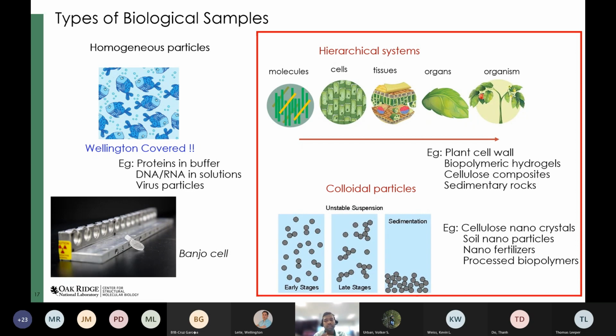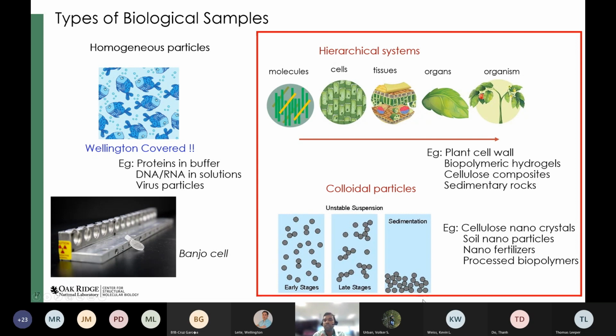SANS is a very nice technique because we can capture the structure of the samples at different length scales at the same time. Examples of these kinds of samples are plant cell walls, biopolymeric hydrogels, cellulose composites, or sedimentary rocks.